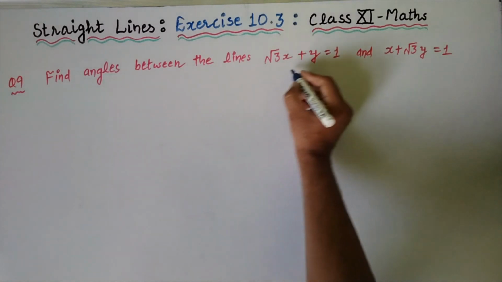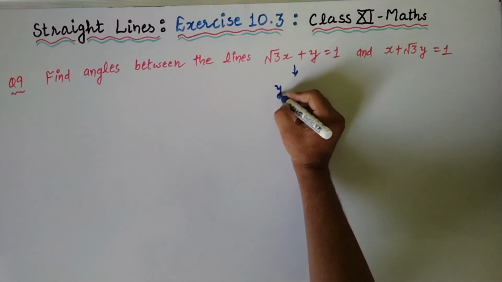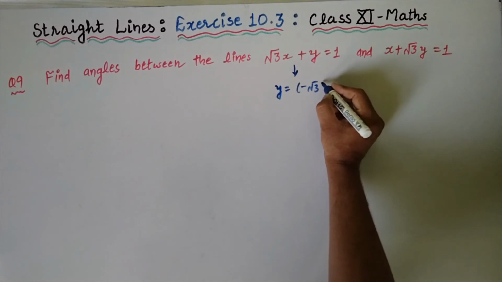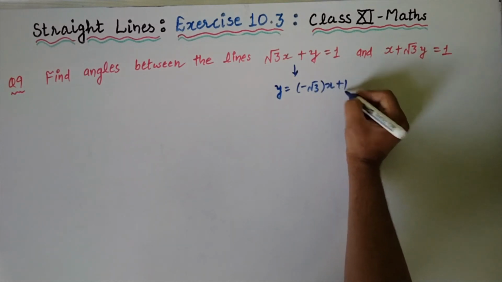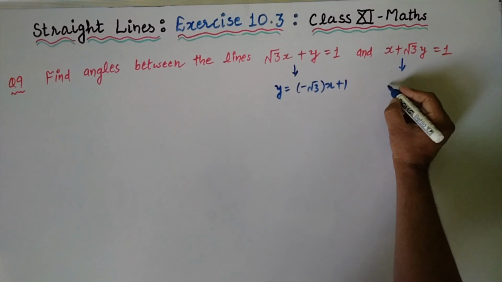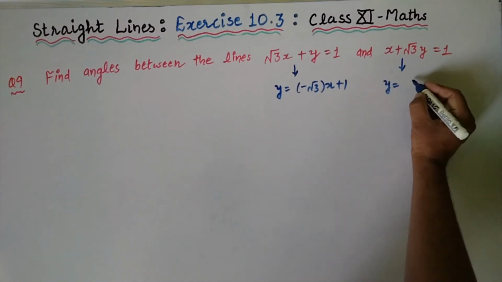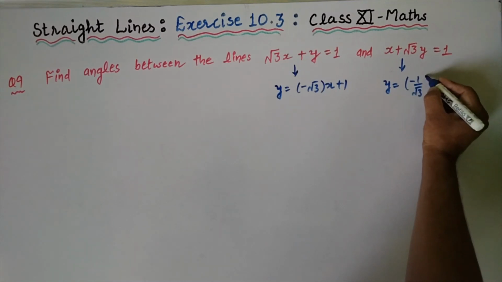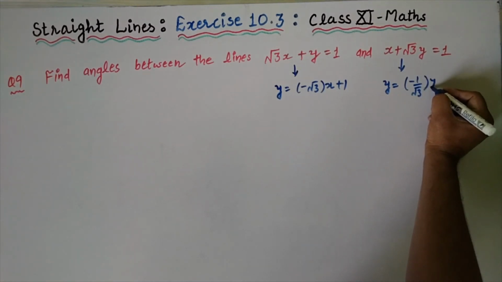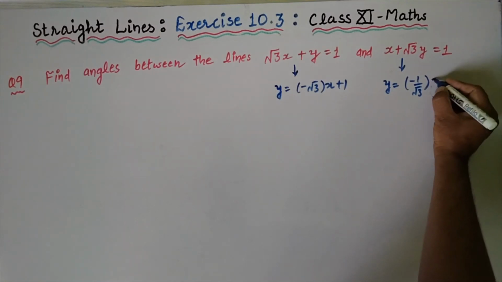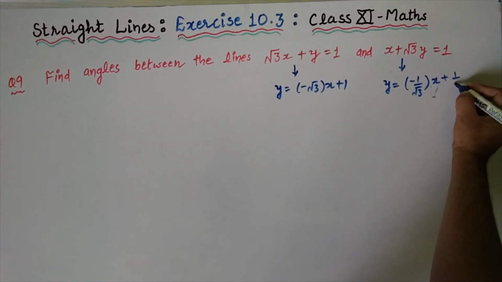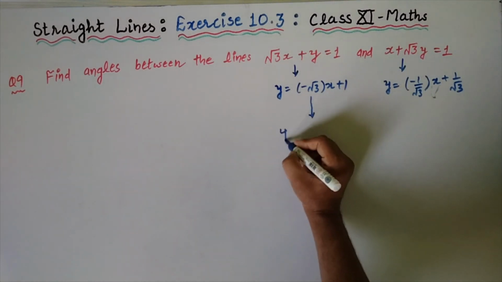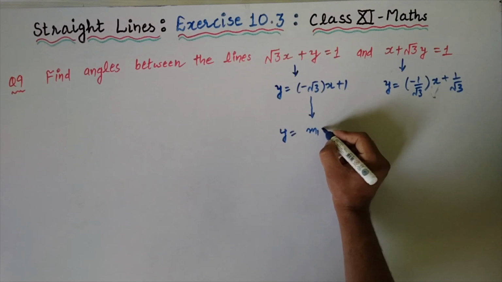So first of all, converting these equations into slope intercept form, we can write this equation as y is equal to minus square root of 3x plus 1, and this equation becomes y is equal to minus 1 upon square root of 3 into x plus 1 upon square root of 3.